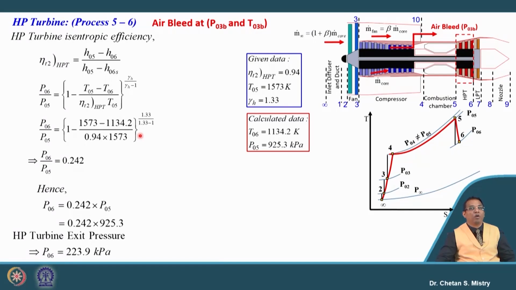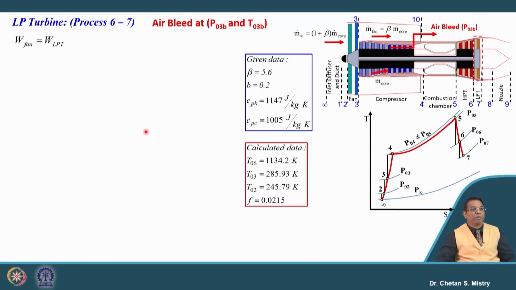Okay. Now, let us move towards the next component. The next component we have is our LP turbine, and as we have discussed, it is used to rotate the fan. So, my fan work will be equal to my LP turbine work. This fan work we can write in terms of m dot core into (1 plus beta) CPC (T03 minus T02).